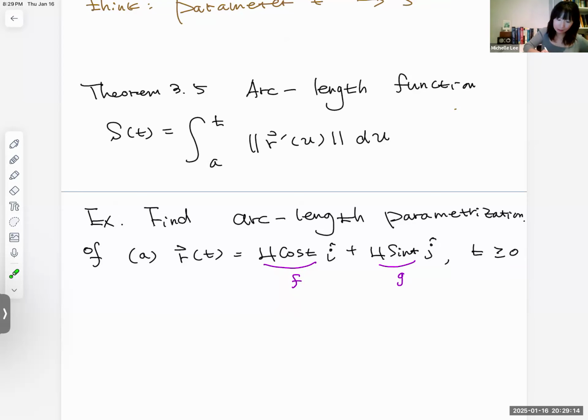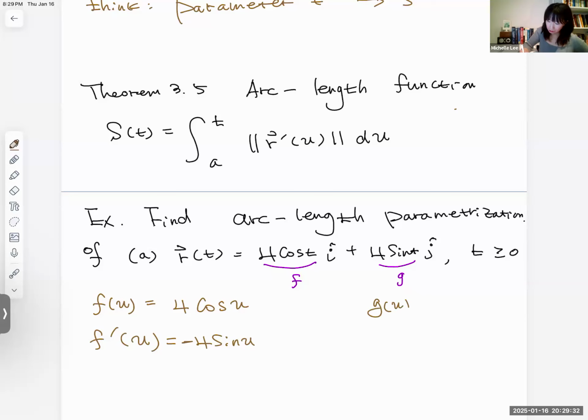So let's say f of u is 4 cosine u, then f prime of u is negative 4 sine u, right? And we have g of u, which is 4 sine u, then g prime of u is 4 cosine u, right?